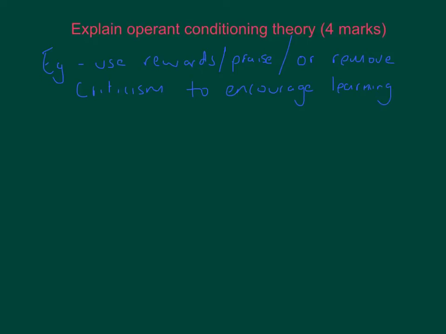Okay. The next thing we would say is that operant conditioning works on the basis of trial and error. So the performer is posed with a problem, and they then go and experiment with ways to solve that problem or produce a response to that stimulus.